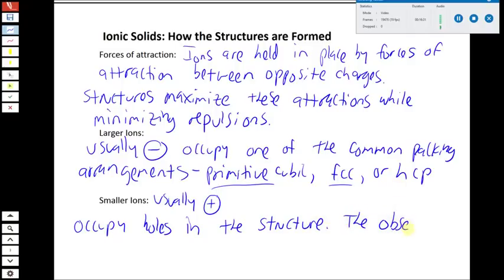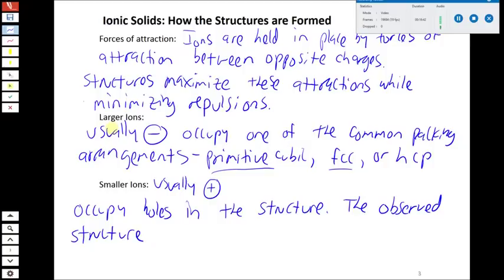And we have some predictive power over the structure. The observed structure that we see, so again, whether the larger ion is primitive cubic or face-centered cubic, as well as which holes are filled, is going to be determined by the relative sizes of the ions.